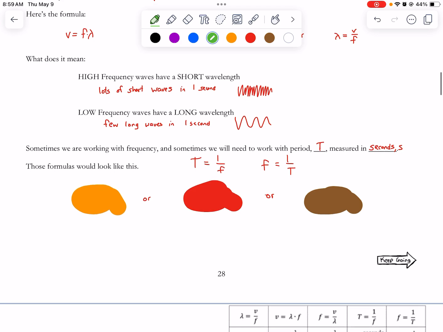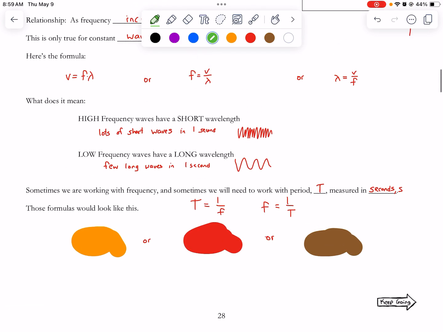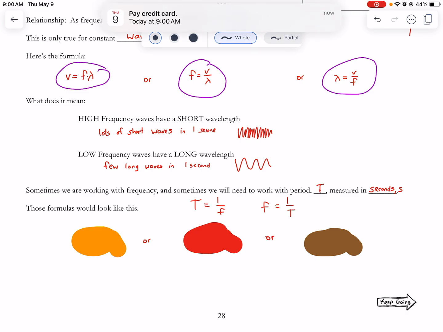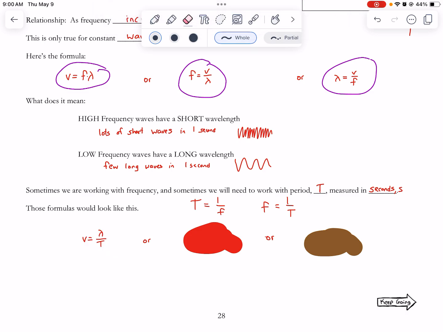Okay. So when we replace the frequency with our period in these original 3 equations, we get some similar looking equations. We get that the wave speed is the wavelength divided by the period this time, which makes sense, right?